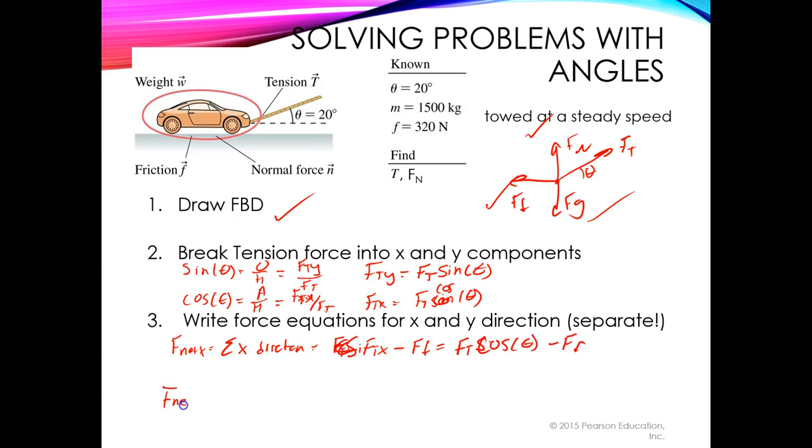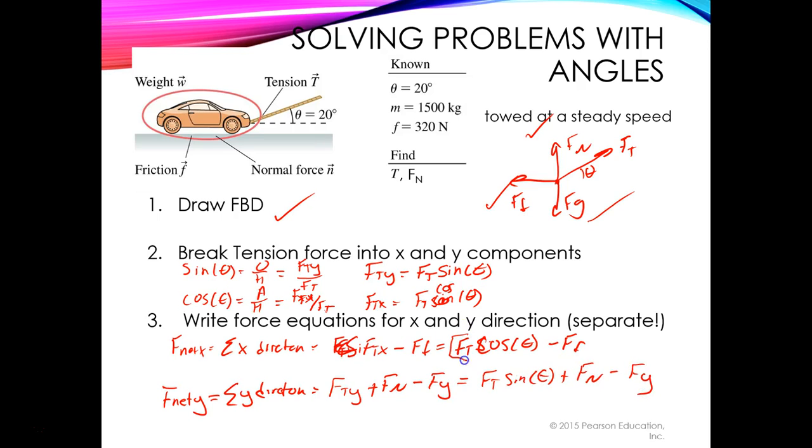And F net in the y direction is going to equal the sum of the forces in the y direction, which is Fty plus Fn minus Fg, or Ft sine of theta plus the normal force minus the force of gravity. So that's what our two force equations are going to look like here.